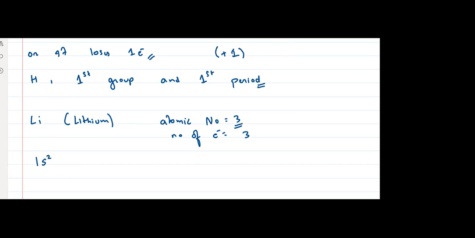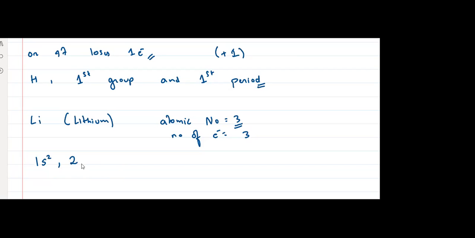Okay, now how many electrons are left? 1. Now, this 1 electron will go in which orbit? Second orbit. Very good. And which suborbit? S or P?